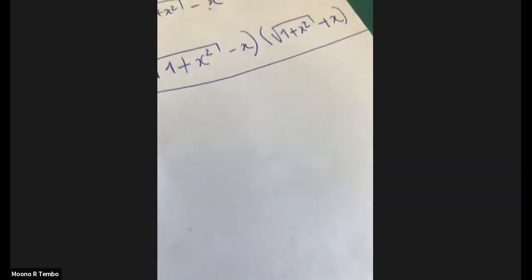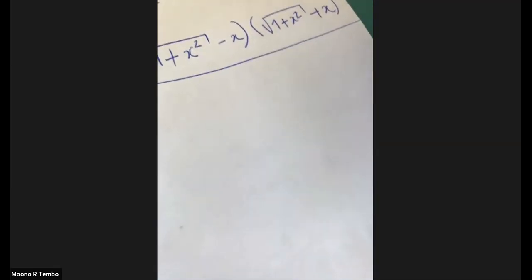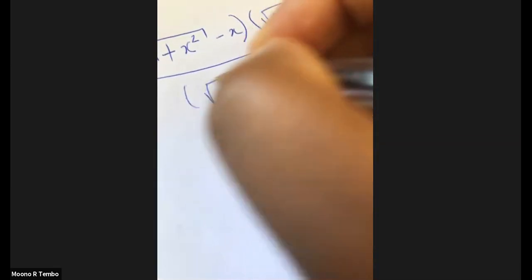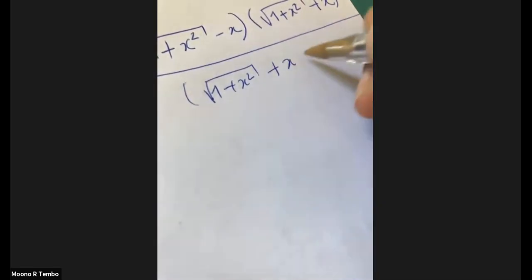Everything here will be over the opposite that we already have, which is the square root of 1 plus x squared plus x.